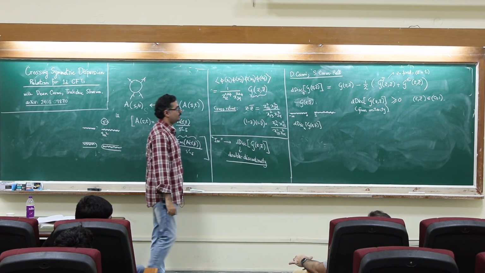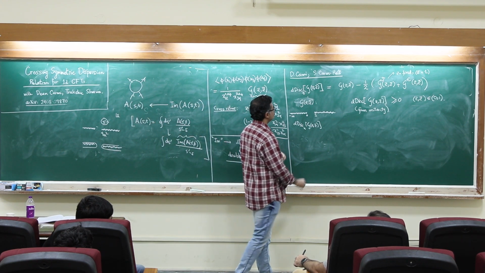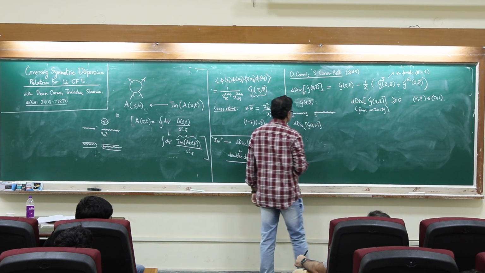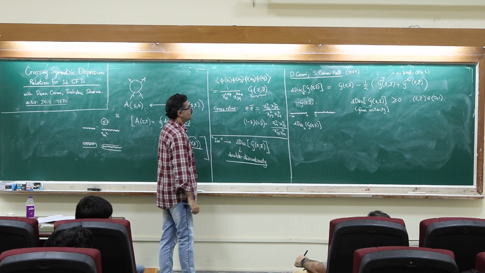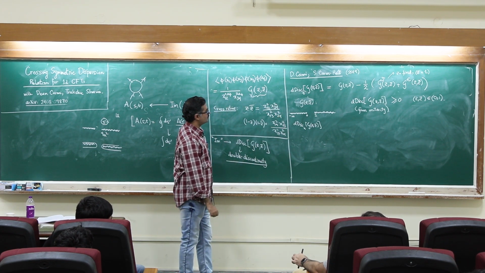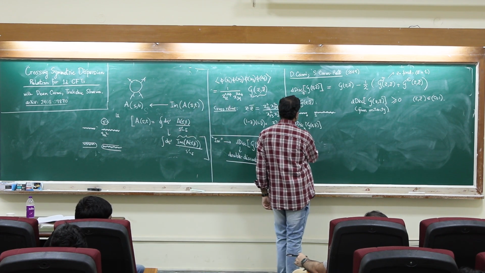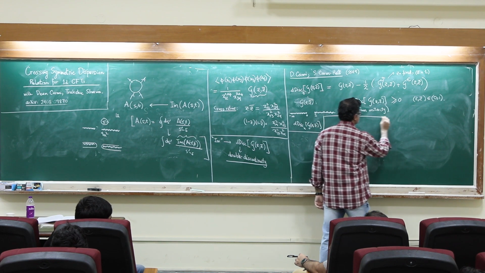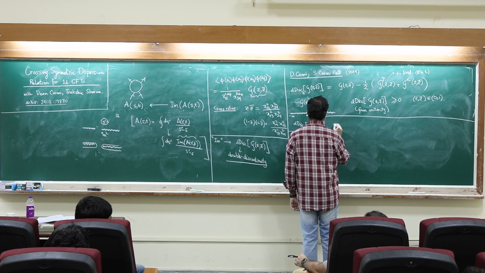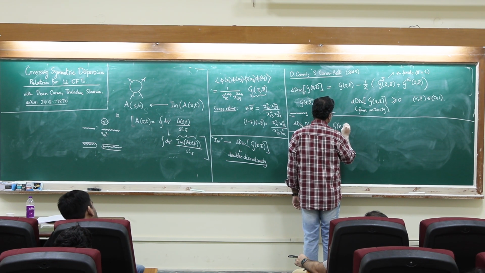The main result of Dean Carmi and Simon Caron-Huot, in a paper from 2019, was that you can use these two objects as inputs in order to determine the CFT correlator, in the following sense: they wrote down a formula which looks like this. I am going to be a bit schematic here, just to highlight the essential features.